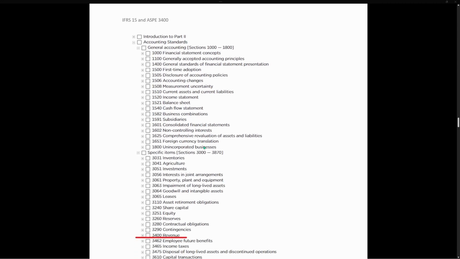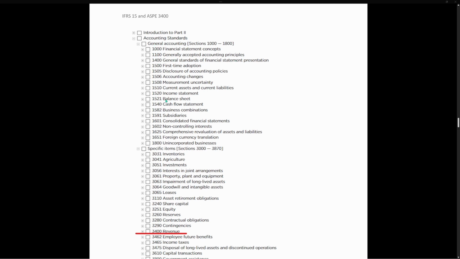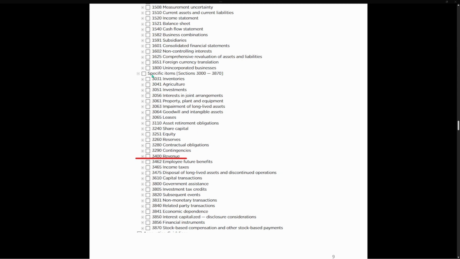The topics that you should know from sections 1000 to 1800 are not all of it. Mostly it's business combinations, subsidiaries, consolidated FS, non-controlling interest, and foreign currency translation. For the other part, specific items, you should know mostly all of them, I would say 80%.